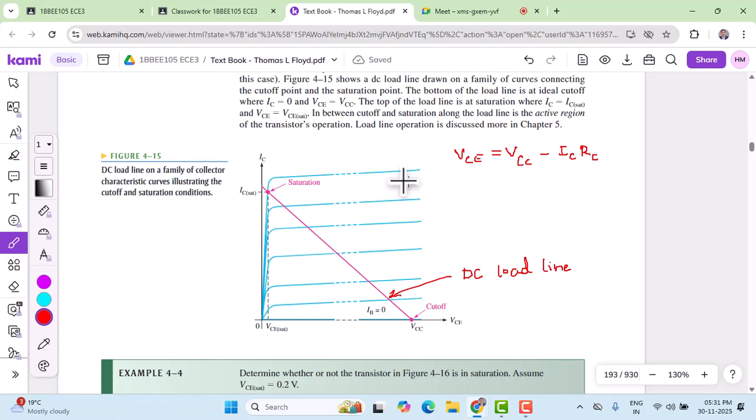Earlier we have seen that when temperature is fixed and the collector current is changing, beta DC is lower for smaller and for larger collector current, and for some value of collector current, beta DC is maximum. But here, the collector current is fixed at 10 milliampere.